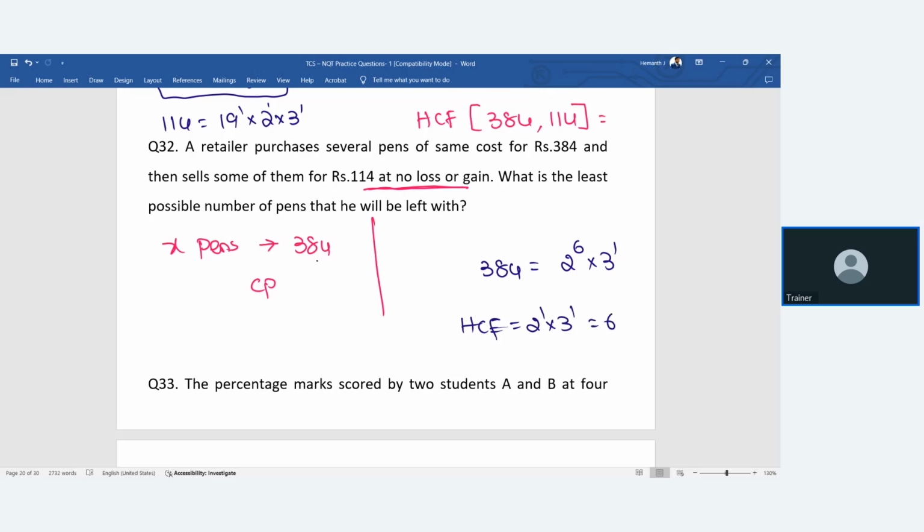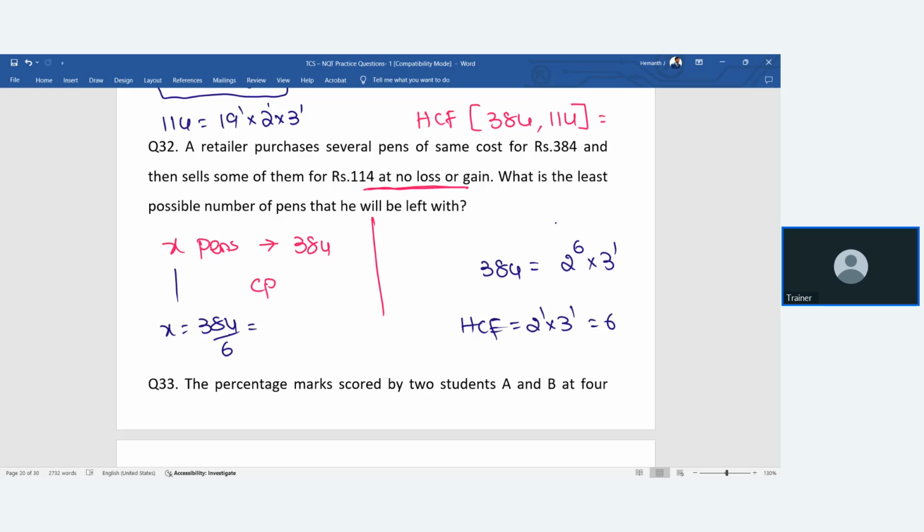Means I can say number of pens X value is 384 divided by 6, which is nothing but how much? Yeah, here maybe I did wrong. This calculation, 2 power 6, no, right?